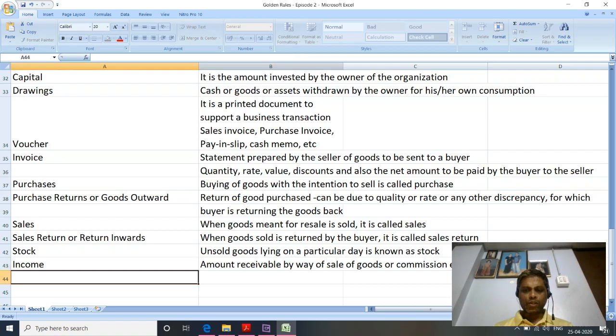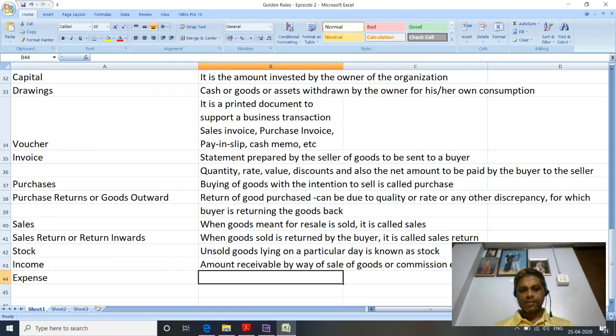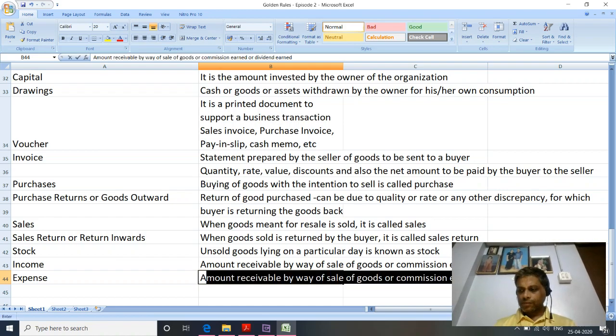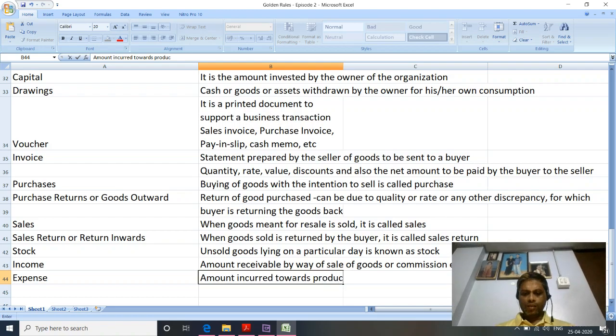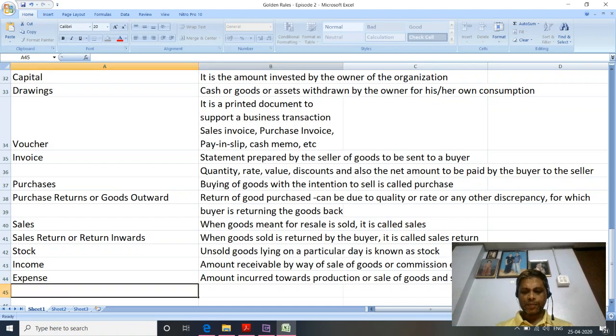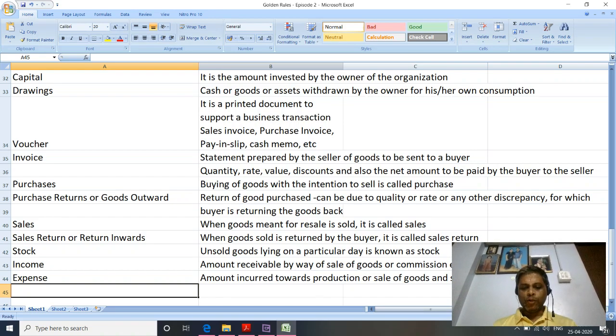What is expense? Amount incurred towards production or sale of goods and services is called expense. Then the most important thing is, what is an asset?